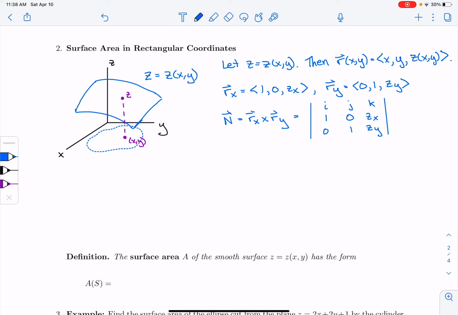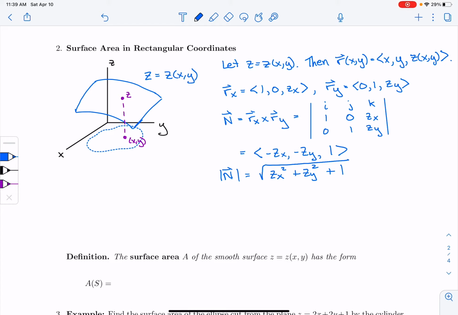Not doing all of the details, that turns out to be the vector (minus z sub x, minus z sub y, 1). So the magnitude of the normal vector is the square root of z sub x squared plus z sub y squared plus 1.